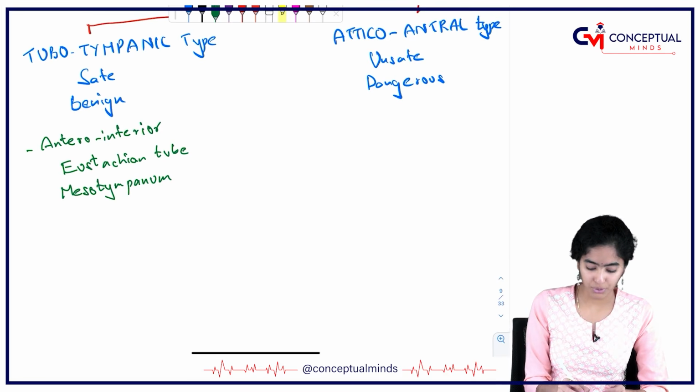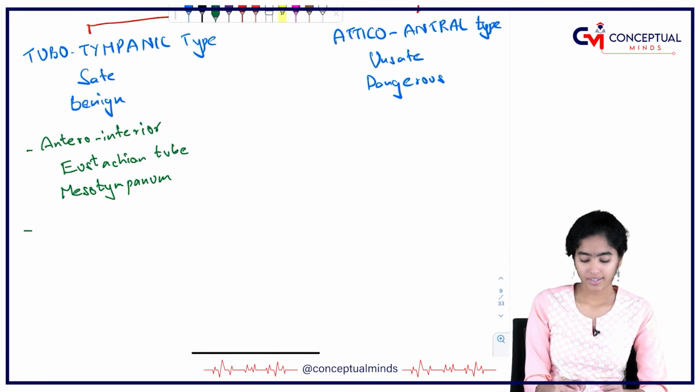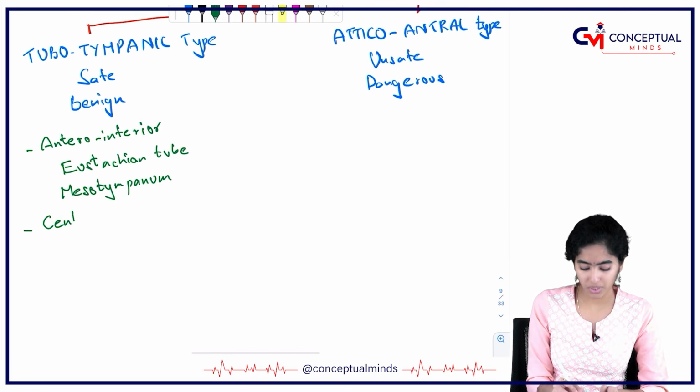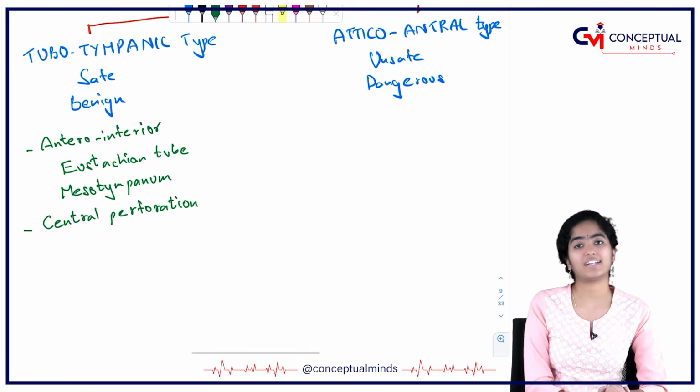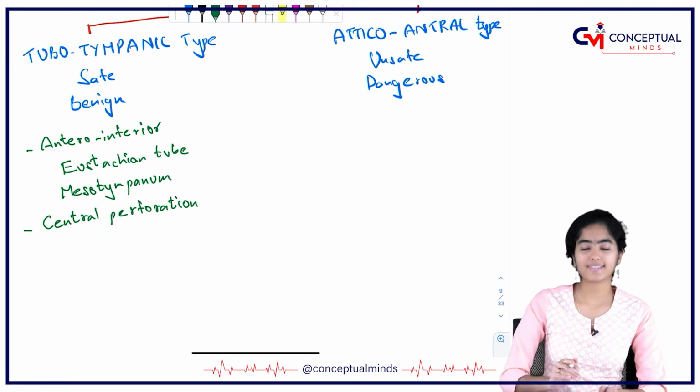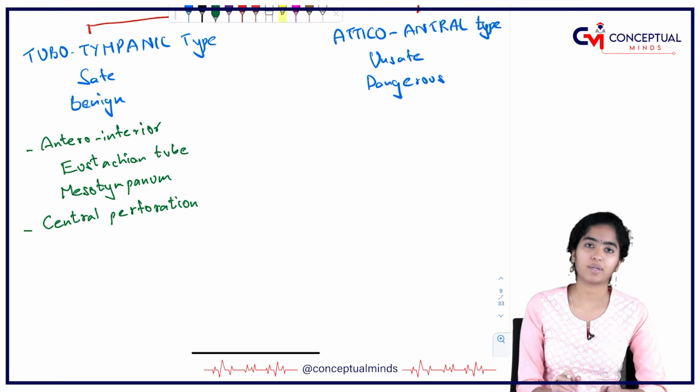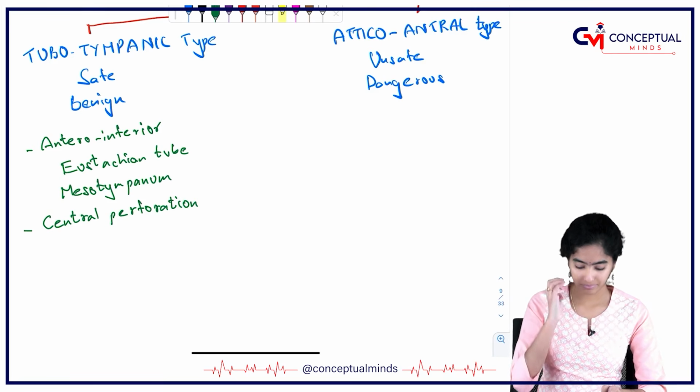Another feature of tubotympanic type is that it involves a central perforation. There are two types of perforations of tympanic membrane, central and marginal, and this is usually a central type of perforation.